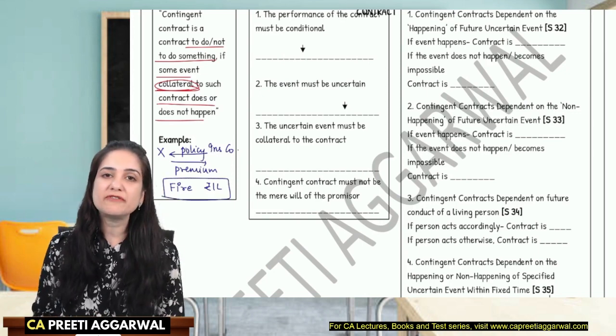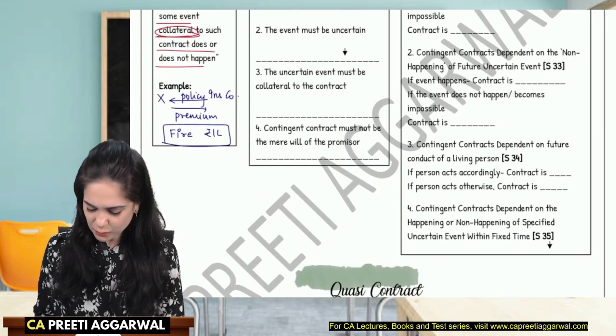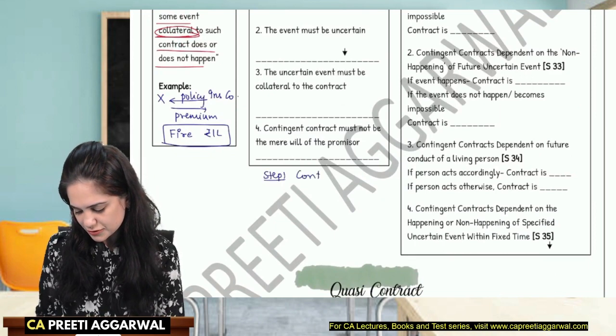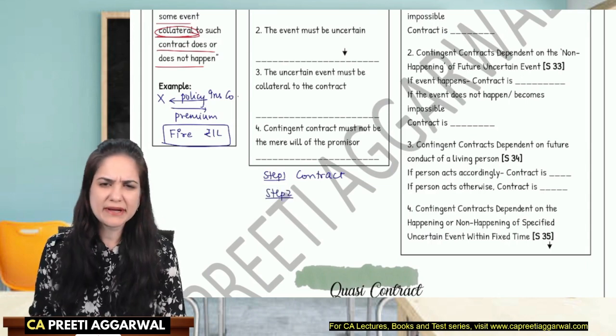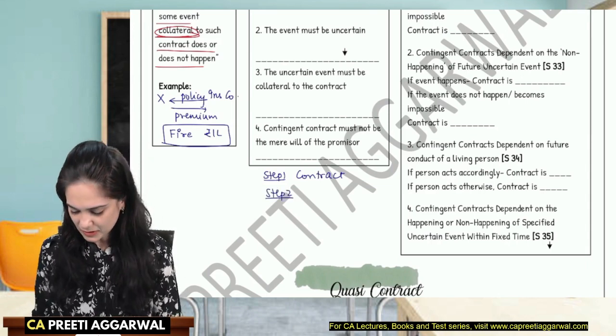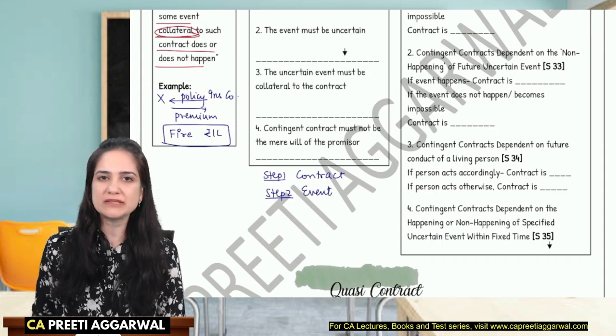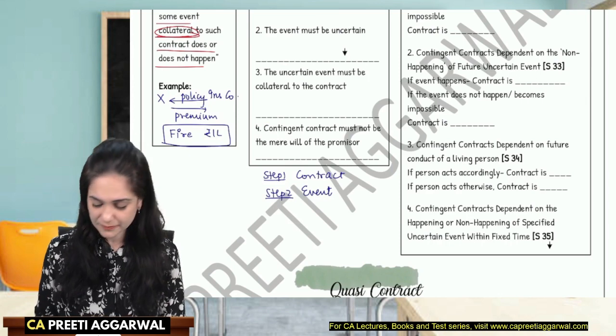Now, how to identify a contingent contract? Step 1 is to identify a contract. Step 2 is to identify an independent, separate event. This should be separate, independent, it should be uncertain, it should not form part of the contract.